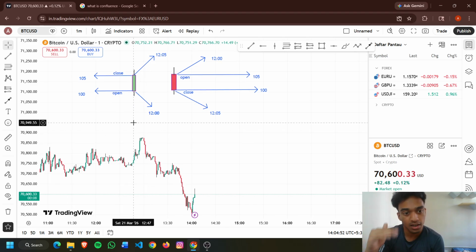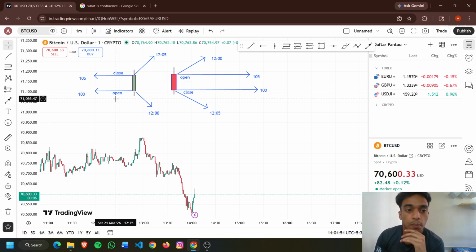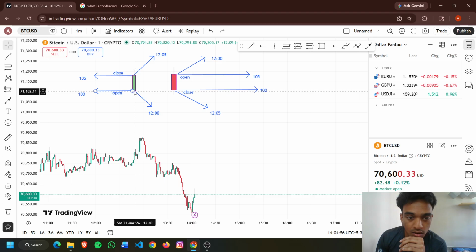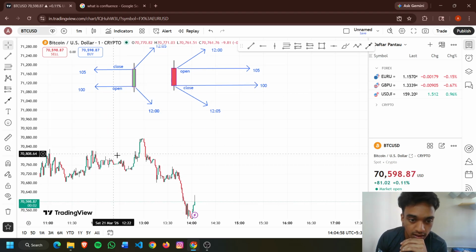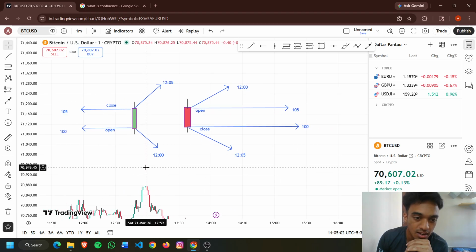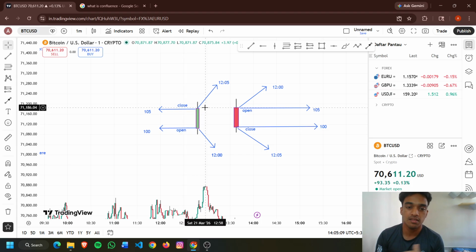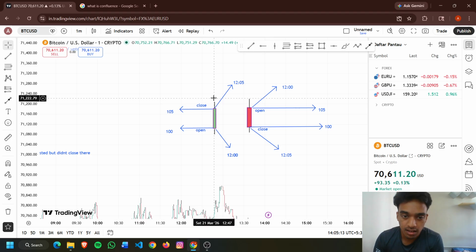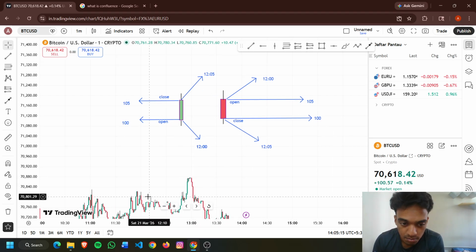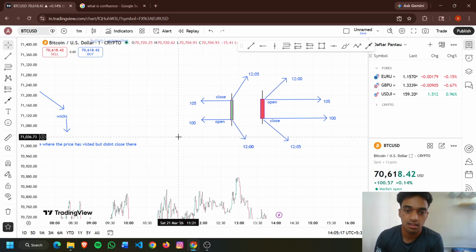It moves the market up. So the open price will be the lower part of the candle, like this part. I just wrote it to reduce the time. Okay, this is the open, and the top part is the closing part of the candle. And these lines which come up and down are called wicks.